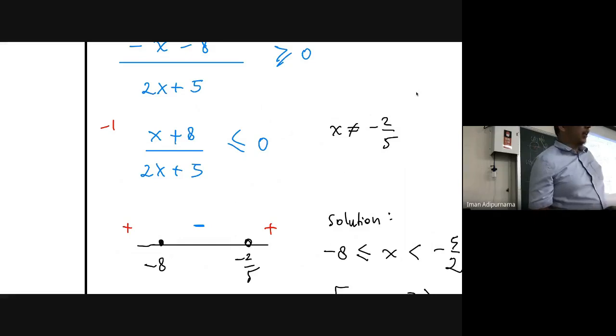Do not make any conclusion from here, but make the number line. It's the safest way, because you will be vulnerable to making a mistake in this sign, less and greater. You will make a mistake, I guarantee. So negative 8 put here, and then negative 5/2.